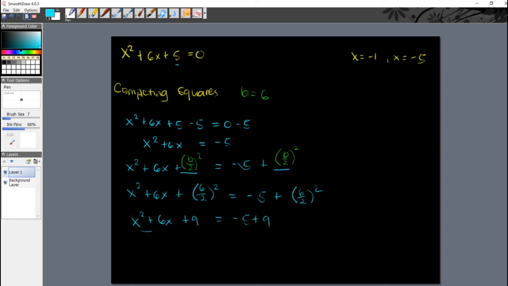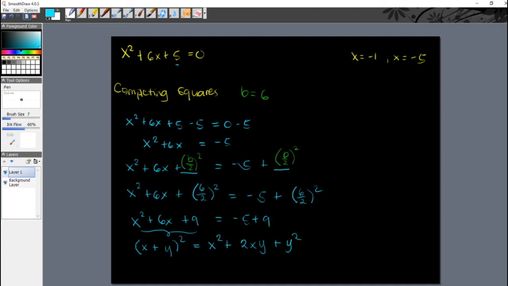And this is now a perfect square trinomial which we can factor, applying the property: x plus y squared equals square the first term plus twice the product of the first and second term plus square the second term.